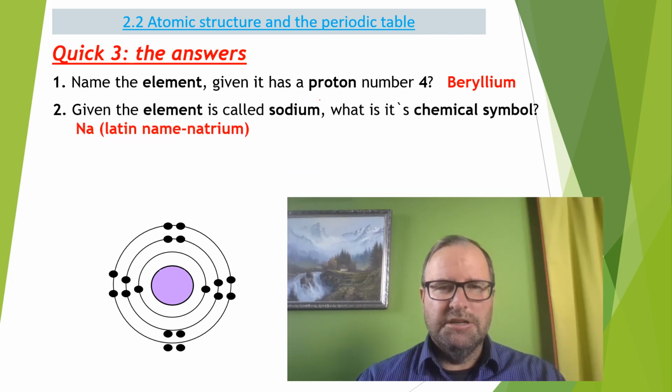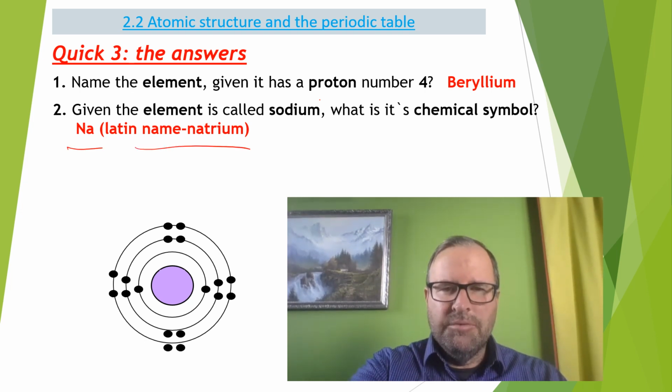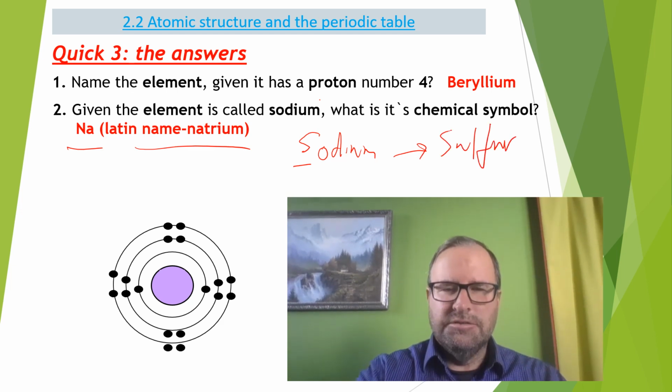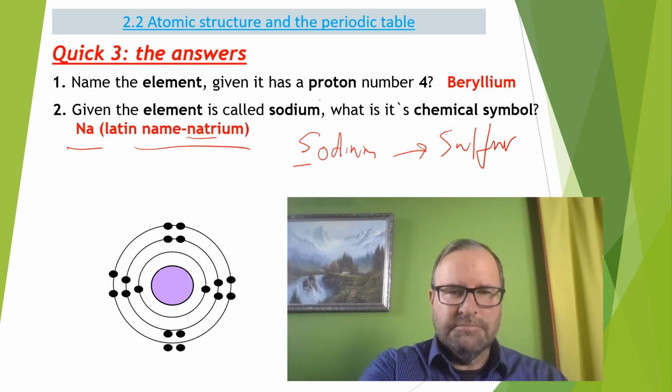Question 2, given the element is called sodium, what's its chemical symbol? The symbol is Na, capital N, little a, from its Latin name. We didn't use S for sodium because S is already taken by sulfur. So we revert back to when we used to all speak Latin across Europe, and it's called natrium.